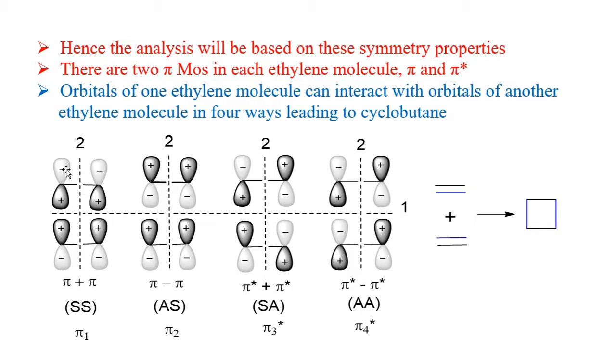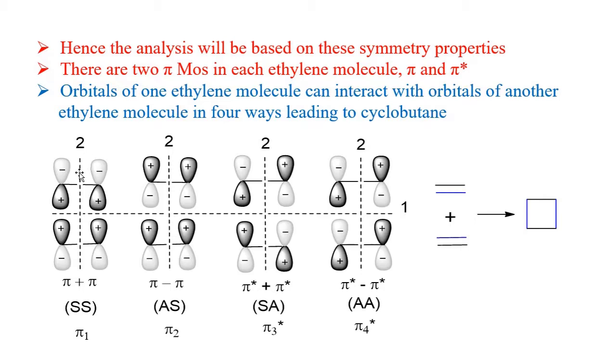So you can see here in the first case there is a horizontal plane of symmetry. Here plus plus, if we look into this plane of symmetry 1, you can see an identical structure, it is the mirror image of this, and so it is symmetric with respect to the horizontal plane of symmetry. If we look into the vertical plane of symmetry, then it is 2.